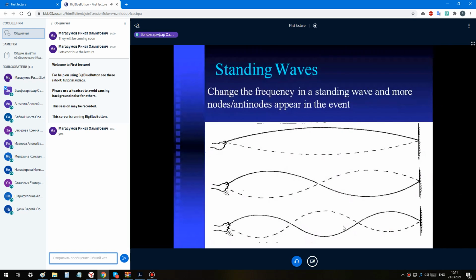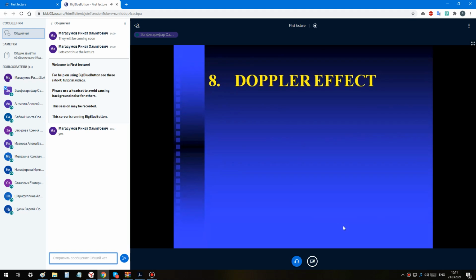Another one shows the change of frequency in the standing wave, and more nodes or antinodes appear in the schematic shape.